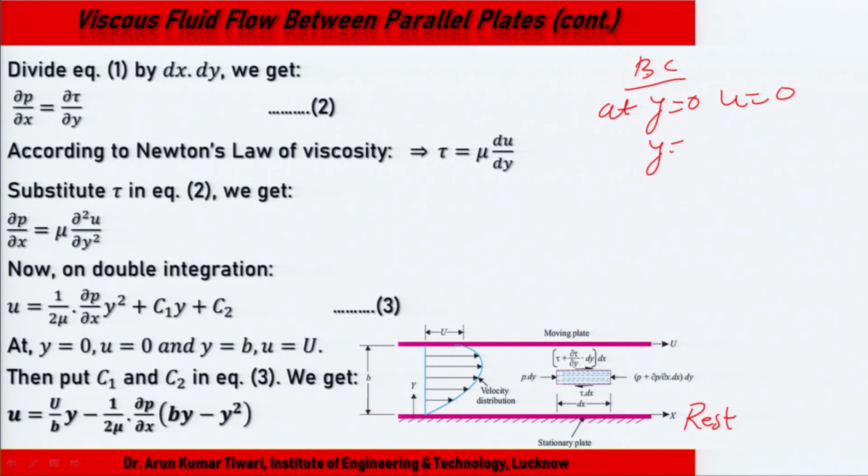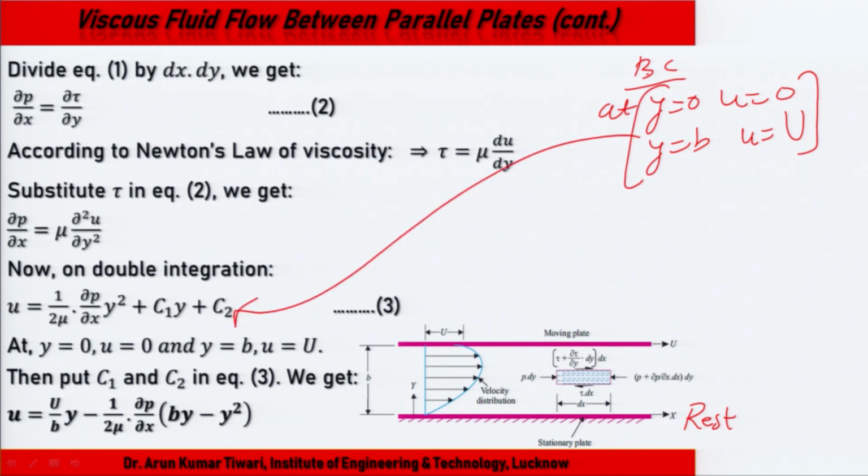Another, at y equal to b, at this distance u becomes capital U, the same velocity. Putting these boundary conditions in this expression, if y is 0, C 2 becomes 0. This means C 2 is 0, from the first boundary condition.